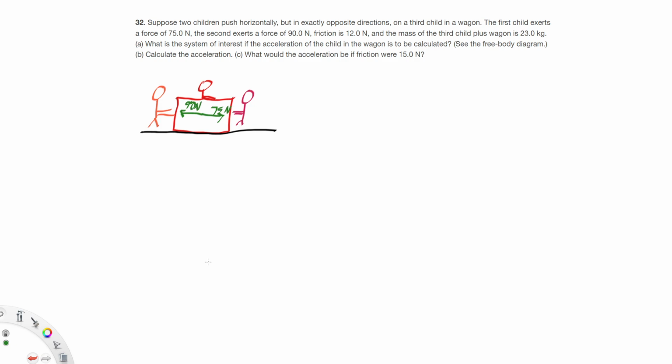And since the second child is pushing harder, we presume that if there's any motion at all, it's going to be to the left. Which means that friction will point to the right. And of course, we're going to have the weight of this whole thing.